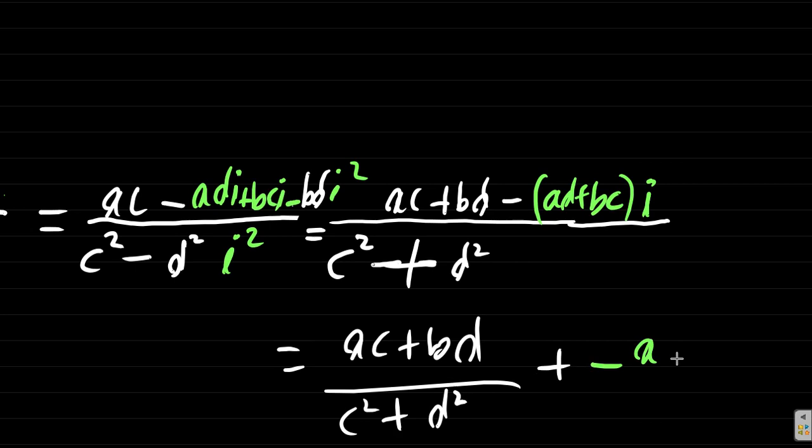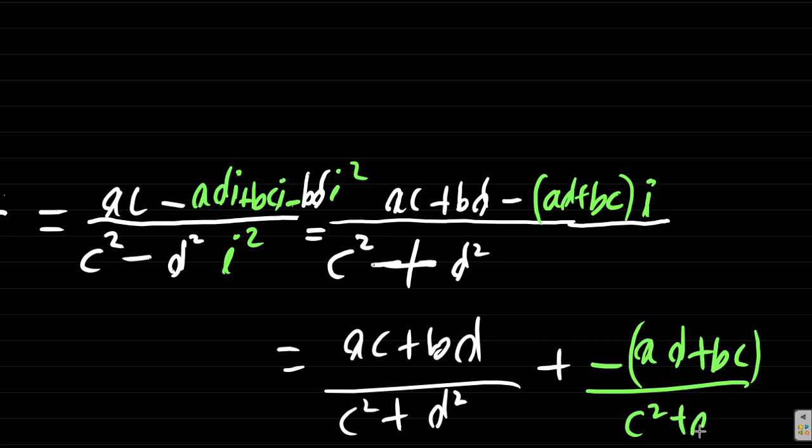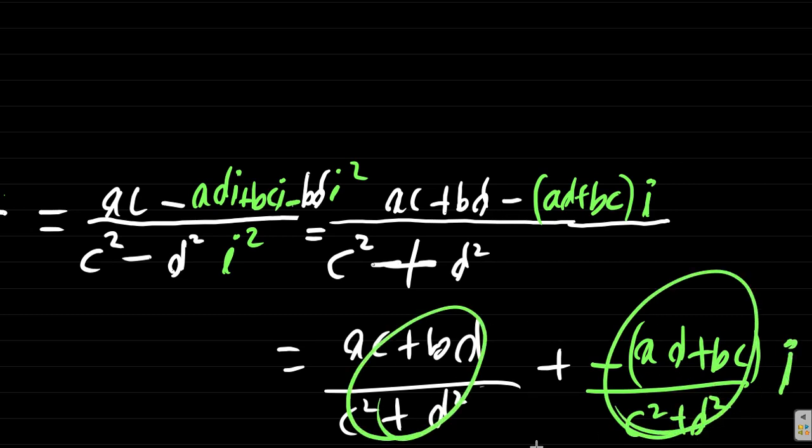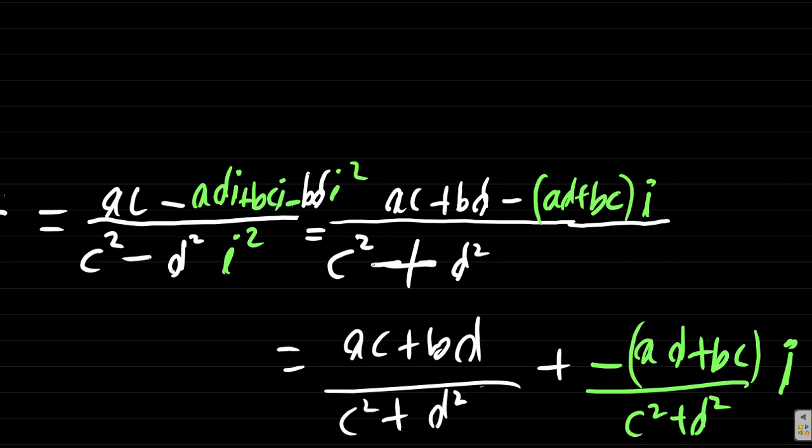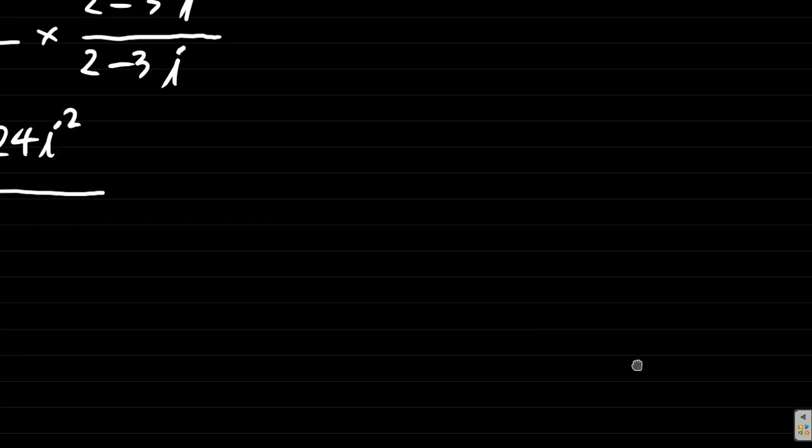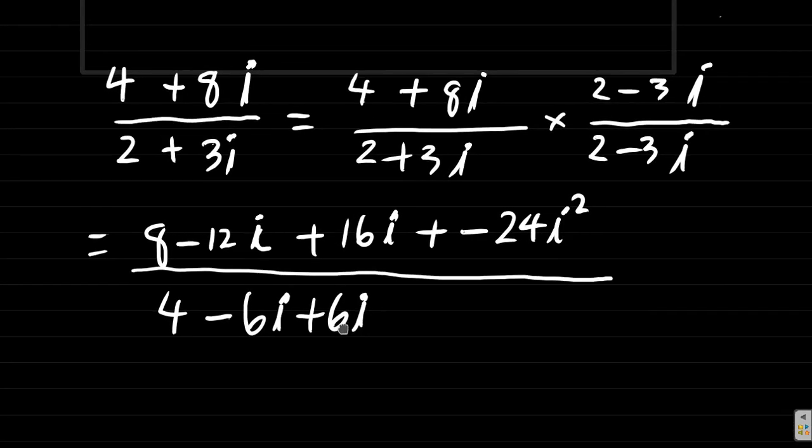Negative AD plus BC over C squared plus D squared, i. Number plus number i. Alright? So that's what happened there. Yes, so back to what we were doing. I just went up to take a break to this and then realized that I left that part out.